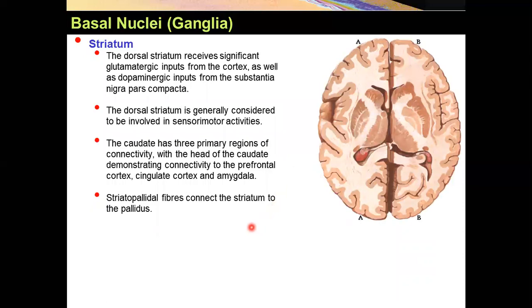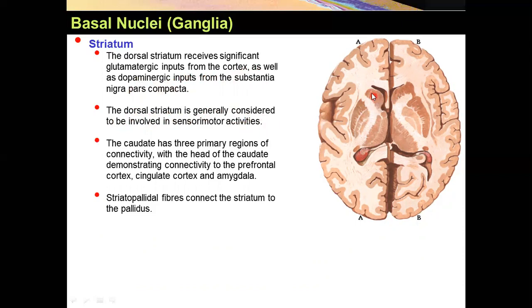Okay, we continue to the striatum. So the dorsal striatum receives significant glutamatergic inputs from the cortex, as well as dopaminergic inputs from the substantia nigra pars compacta. The dorsal striatum is generally considered to be involved in sensorimotor activities in the brain.